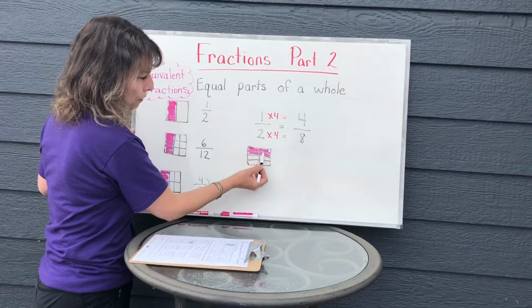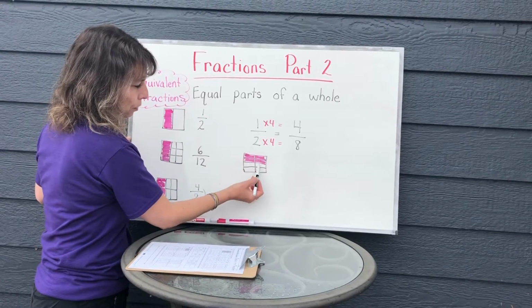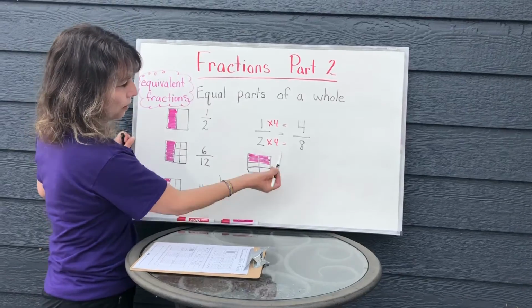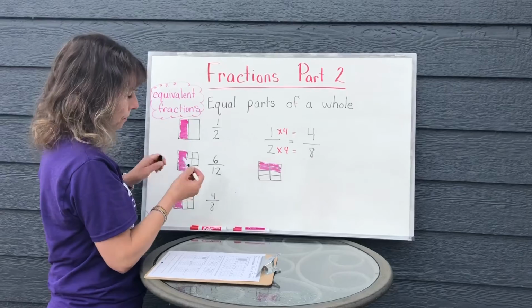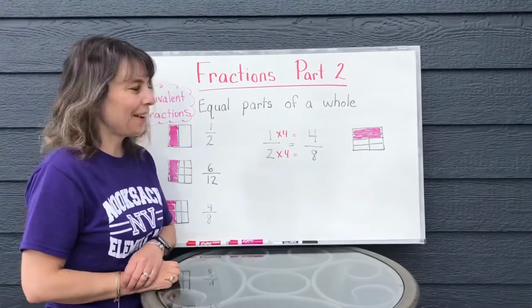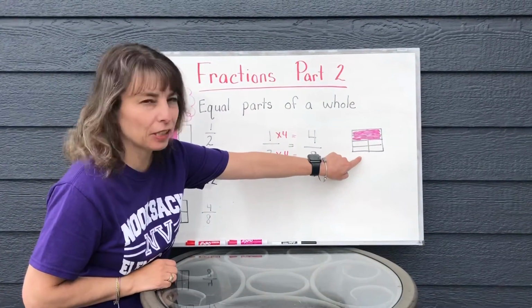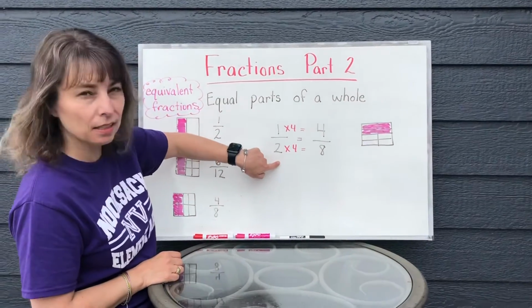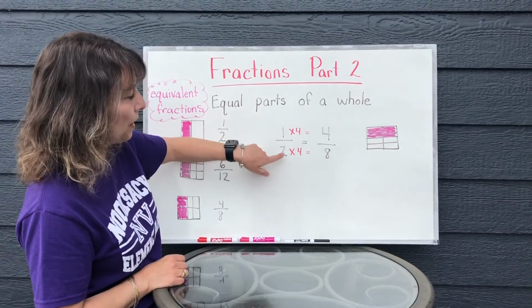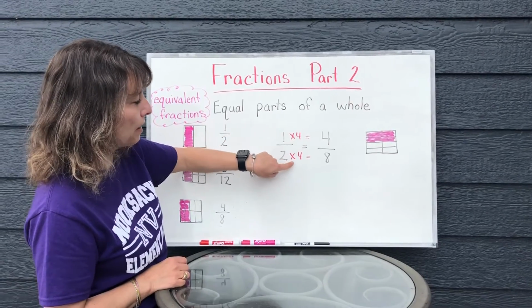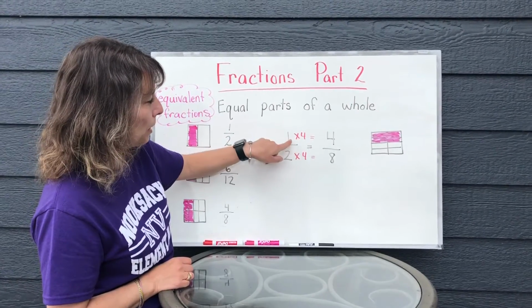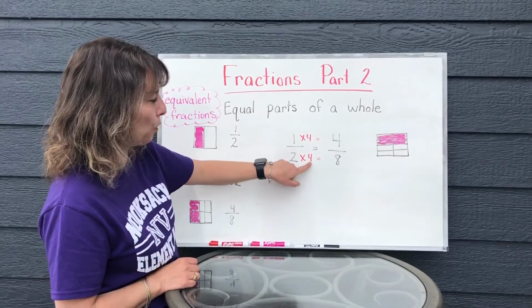There's 1, 2, 3, 4. 1, 2, 3, 4. 4 and 4 is 8, so there's 4 shaded out of 8 pieces. Okay, so I redrew the picture over here just because I wanted to come back to this. So what I did on this again is I multiplied the same to the numerator as the denominator. And 1 times 4 is 4, and so I did times 4 here.